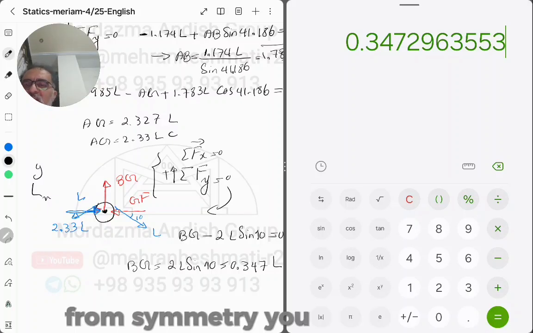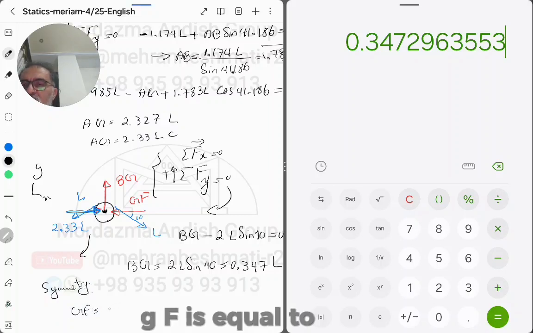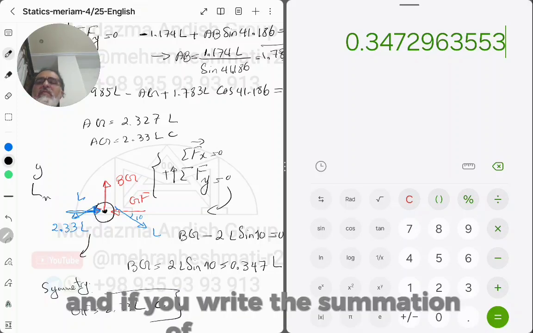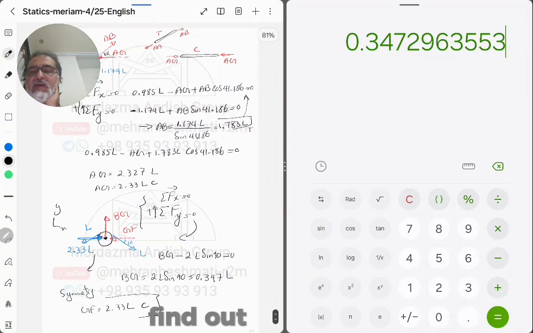From symmetry, you can see that GF is equal to 2.33 L, and it's under compression. And if you write the summation of F of x, you can find out it's correct.